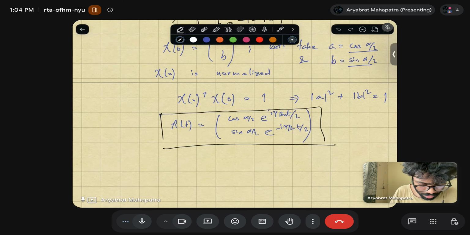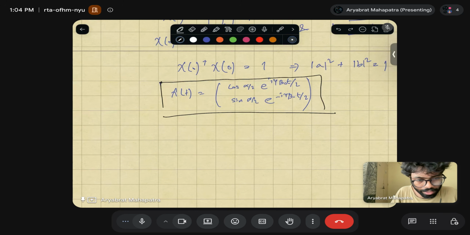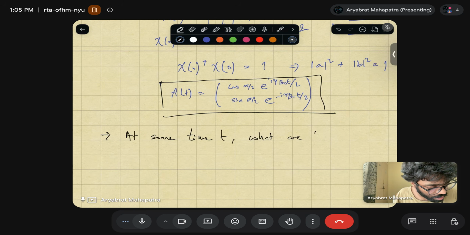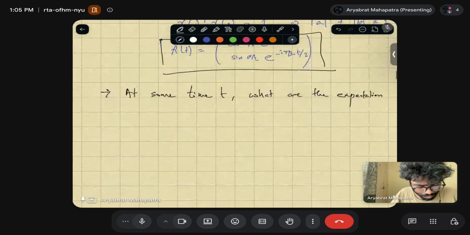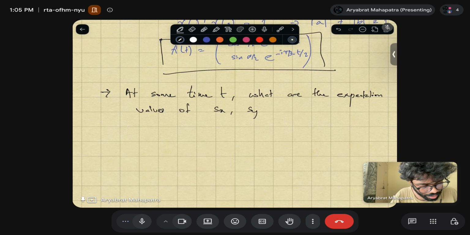So now suppose in this state, at some time t, we want to know the expectation values of Sx, Sy, and Sz.